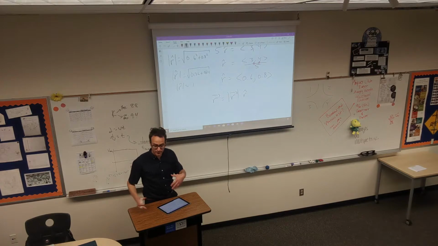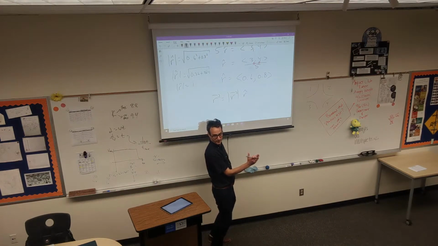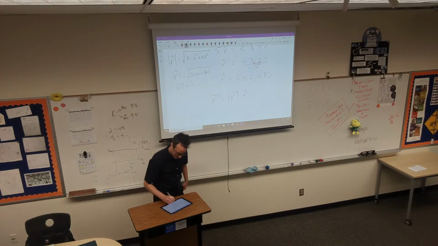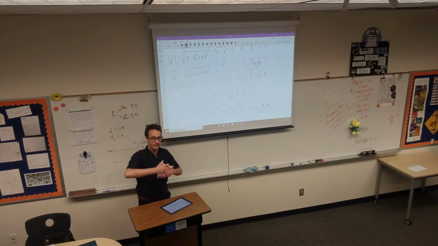Or you could go in reverse. So r hat is a vector equal to 1, pointing in space, right? With me? Okay. And then if I multiply that by its scalar factor, which is just the magnitude, in fact, I think that's why scalars are called scalars, because they scale up or scale down a vector.